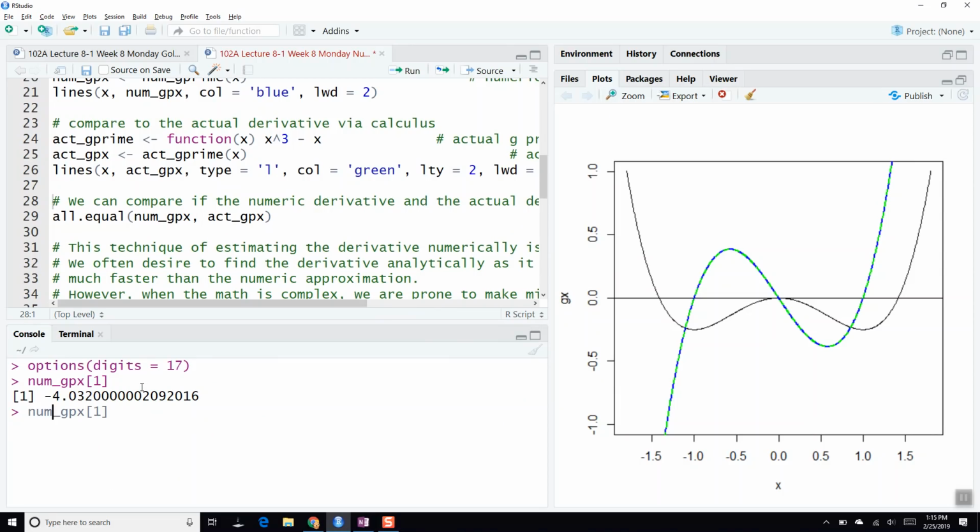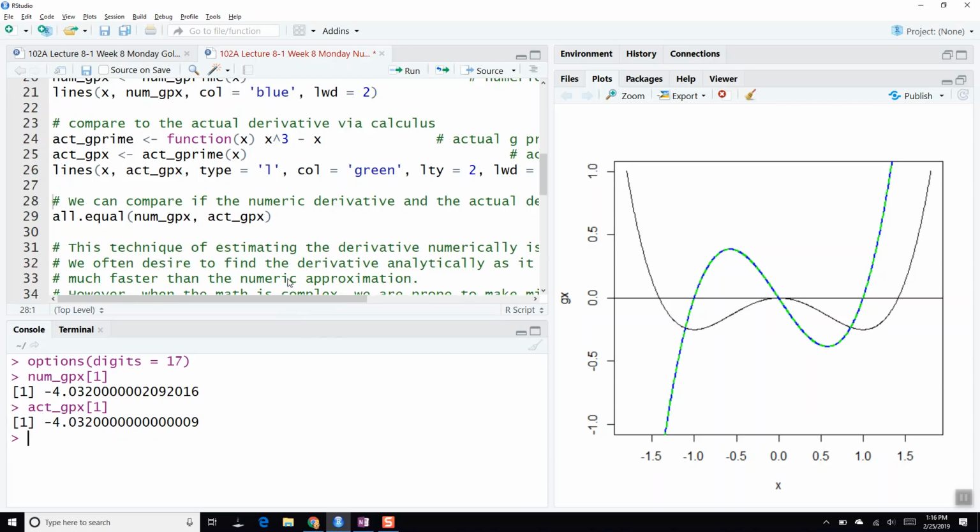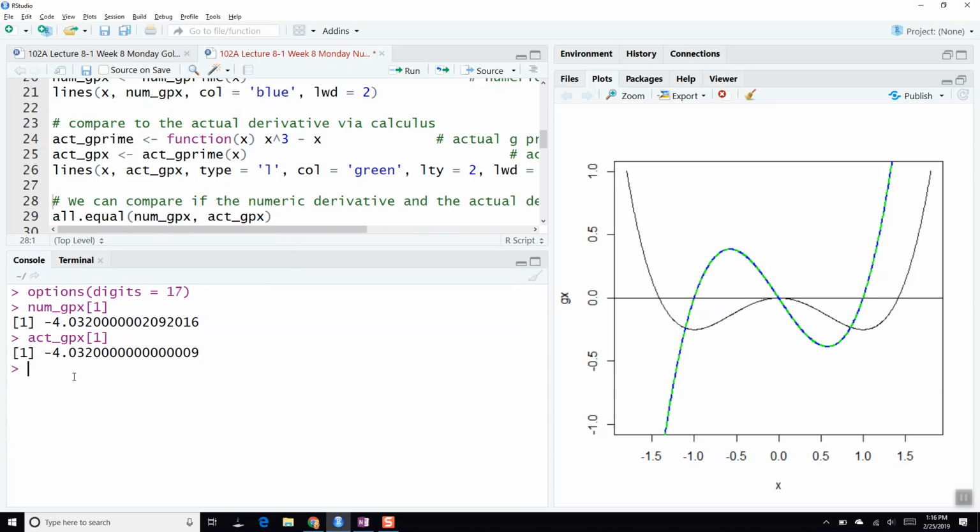And if we ask what is the actual g prime at that point, we have something that's a little bit different, okay? I think the actual value is negative 4.032, but because of floating point precision, it's off by a little bit, okay? So if I ask, is this equal to this? It's going to return back false, right?